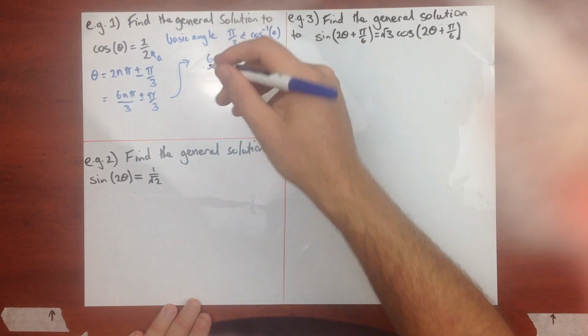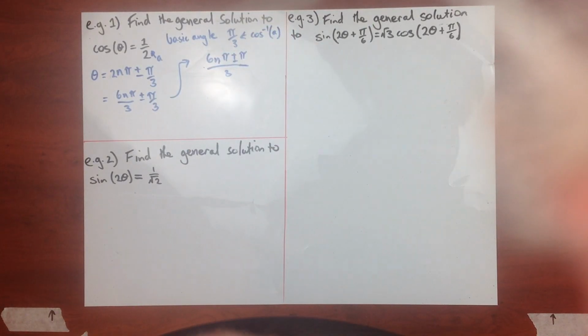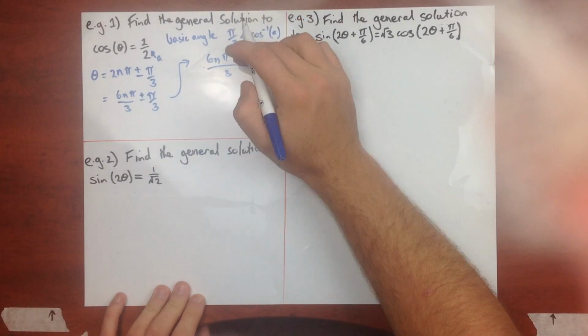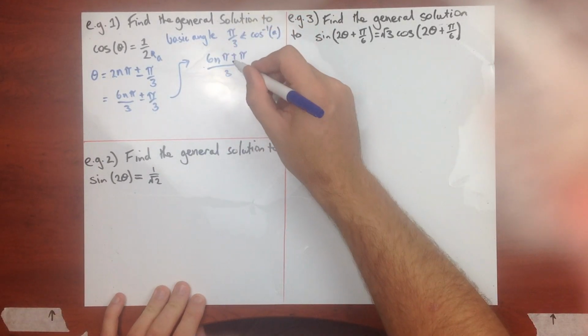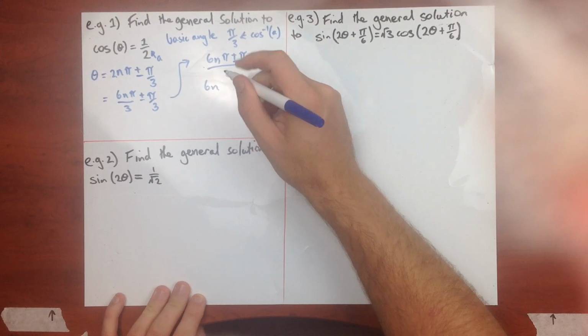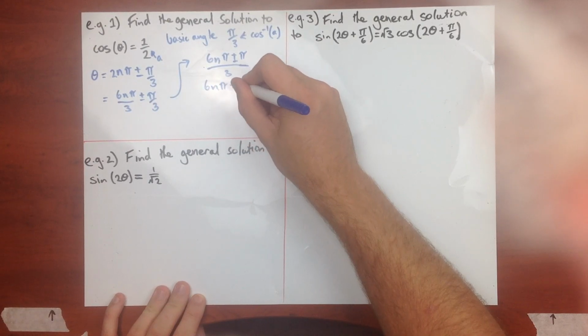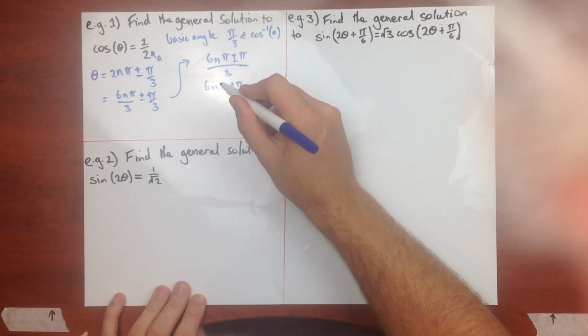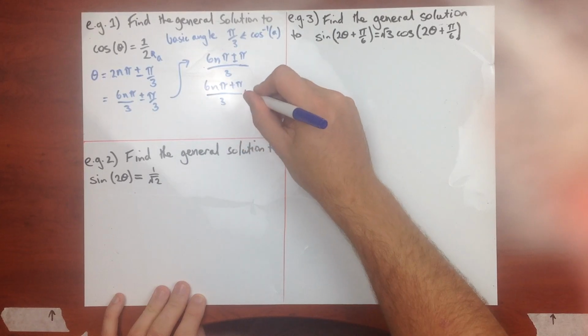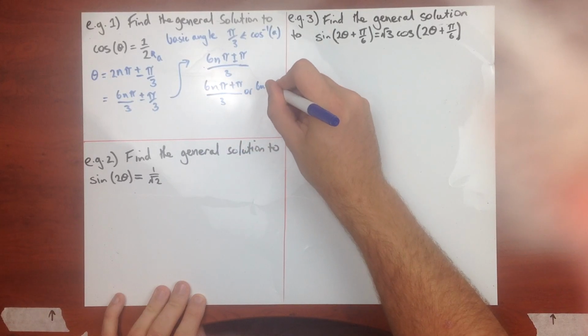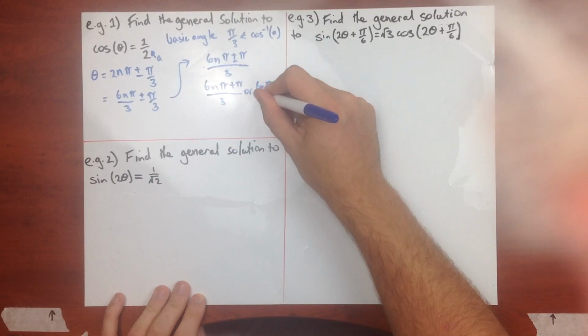They want to see something where you've done a little bit of work to put them together. There are different things like that we need to do, just bringing together to neaten up our solutions a little bit. Now of course we could look at splitting this into two solutions: 6n pi plus pi, on 3, or 6n pi minus pi on 3.